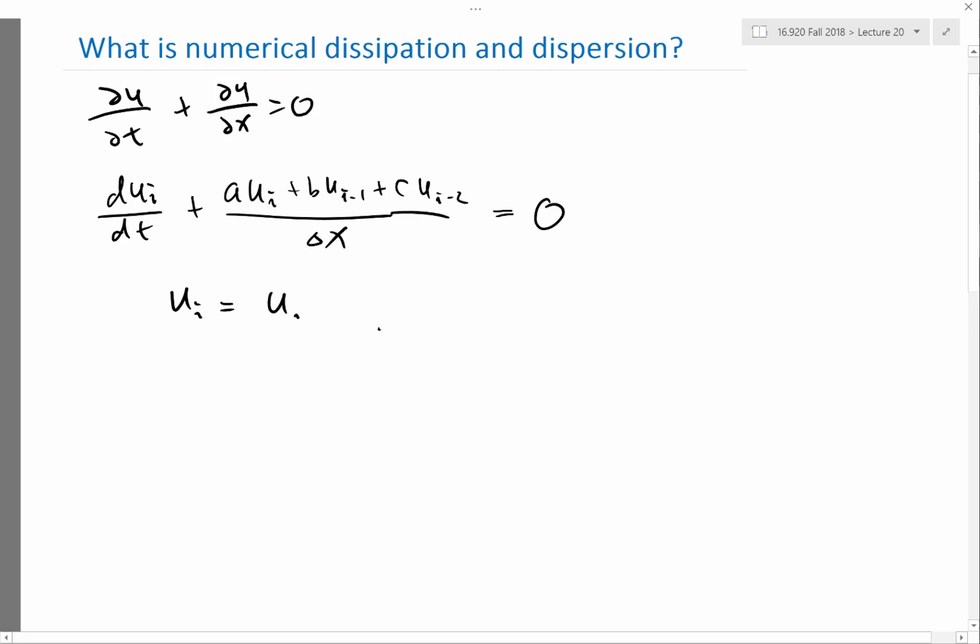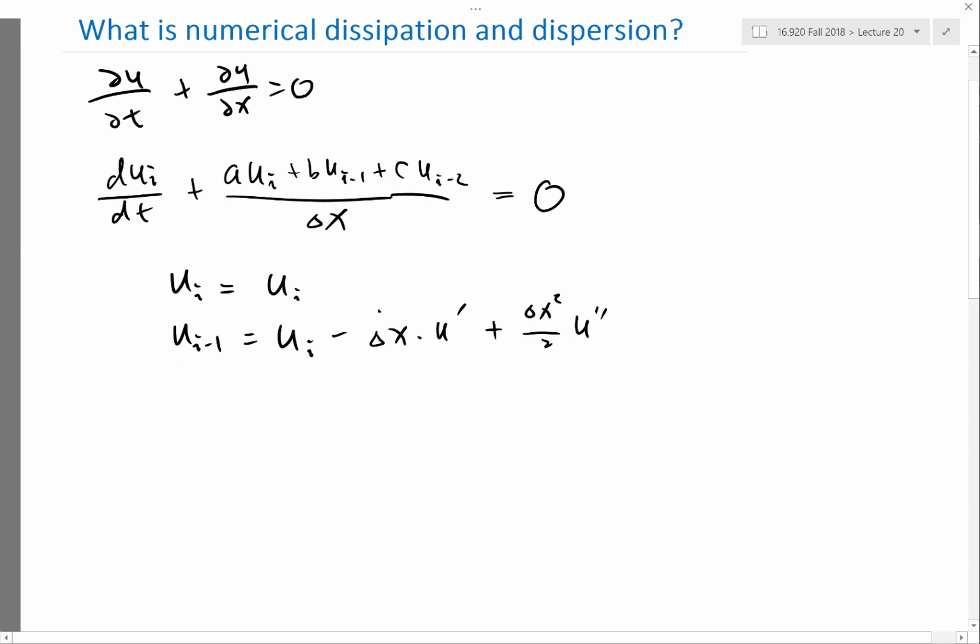u_i is equal to u_i, right? u_(i-1) is equal to u_i minus delta x u prime plus half of delta x squared u double prime, and we can only hope to cancel this.